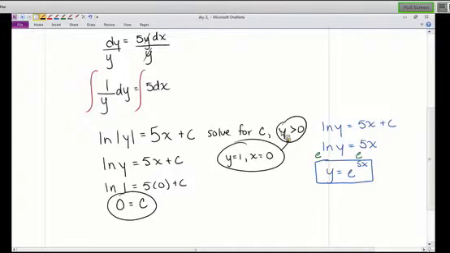There's a specific constant for the given initial condition, so that's why we need to solve for c. If you were not given the initial condition, then you would find the general form. In part B, we're not going to be given the initial condition, therefore we can just leave it in terms of c.